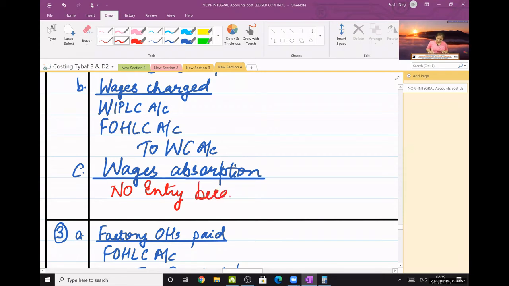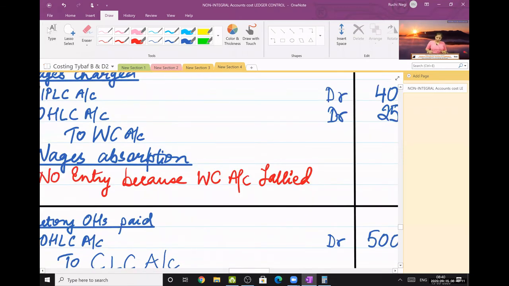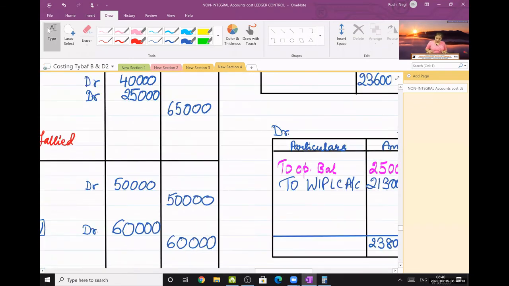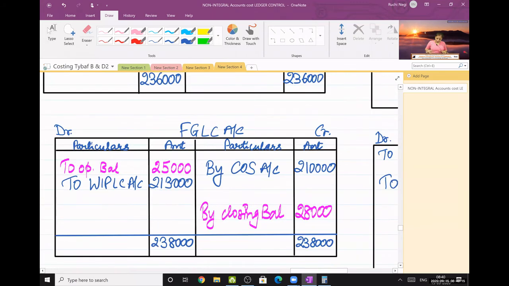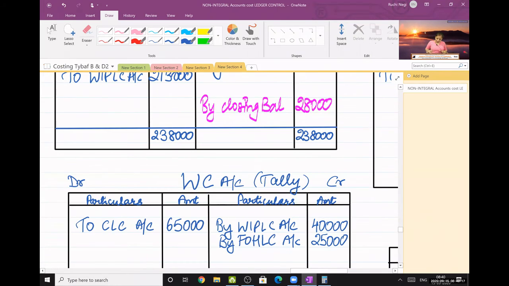Because ledger tallied. Or you can write wage control account tallied. Okay. Next, so my wages is also done.